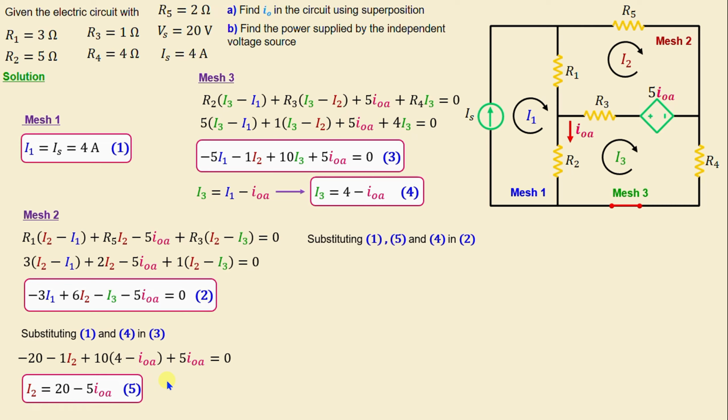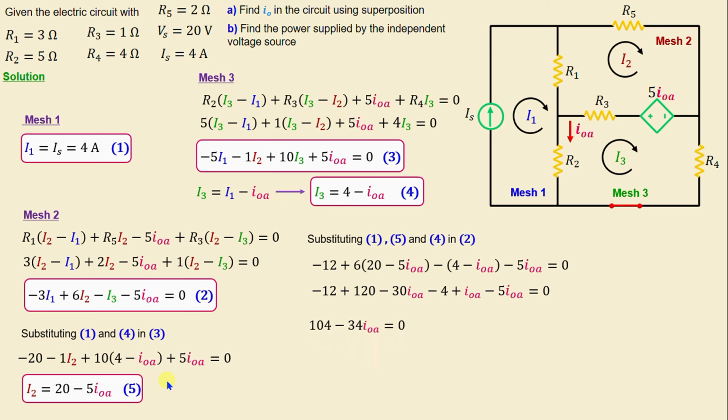And by substituting 1, 5, and 4 in 2, we derive one equation in terms of I0A. And if we continue simplifying this equation, we obtain 104 minus 34 I0A is equal to 0. That means I0A is equal to 104 over 34 amps.